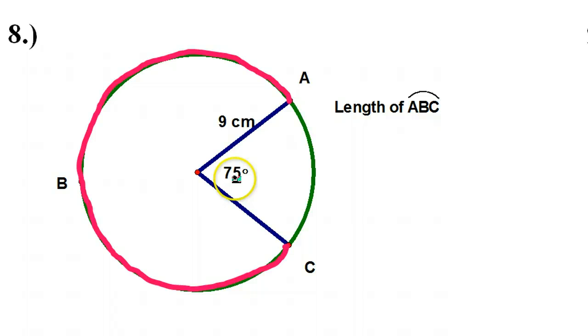Now, they gave us the degrees for the minor arc, the AC. So we're not going to use the 75 degrees. Oh no, that's the small. We want the big. So how am I going to find the major arc degrees? Clearly we're going to subtract from 360.